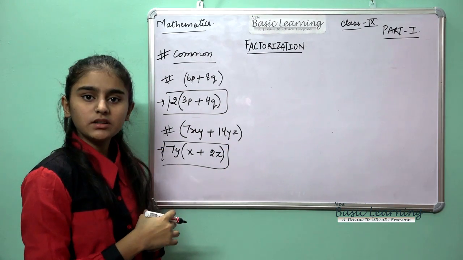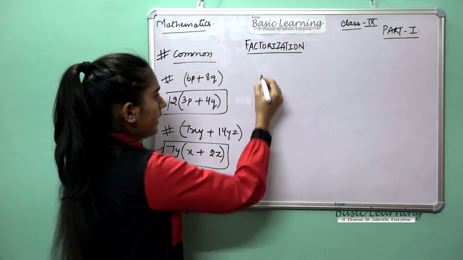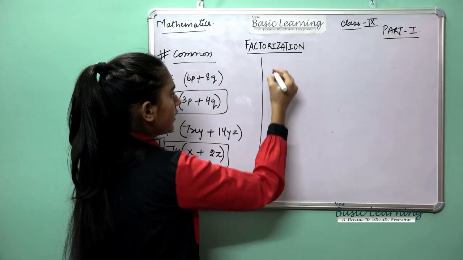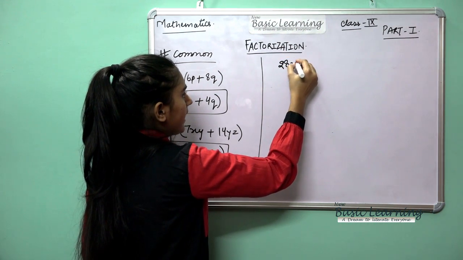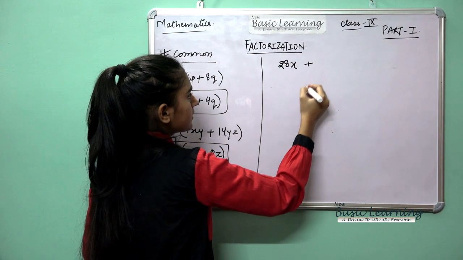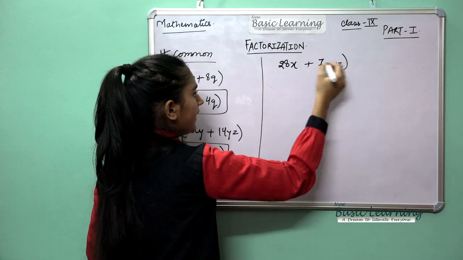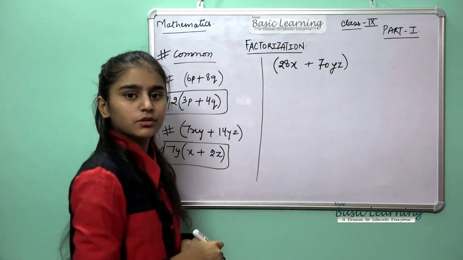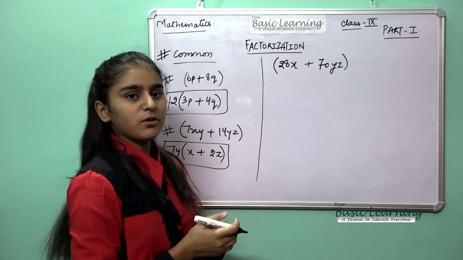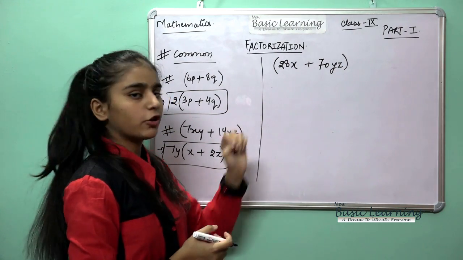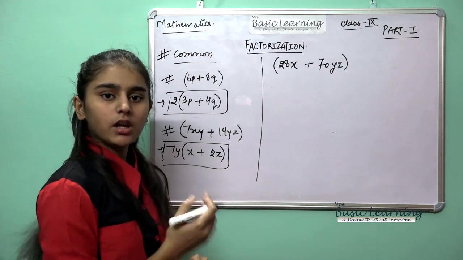You can do the common part easily, and they are very easy to solve. Now another example, 28x plus 70yz. This comes in the table of 2, 4, 7 and 14.